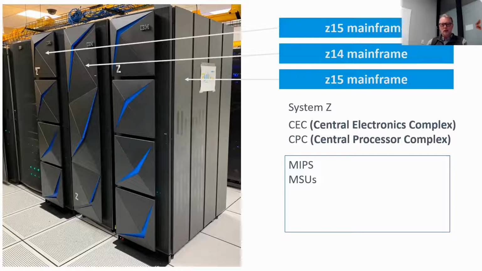The technical term for MIPS that's used is MSUs, millions of service units. Again, this is a measure of the theoretical capacity of the machine to operate at speed. So why is that important?